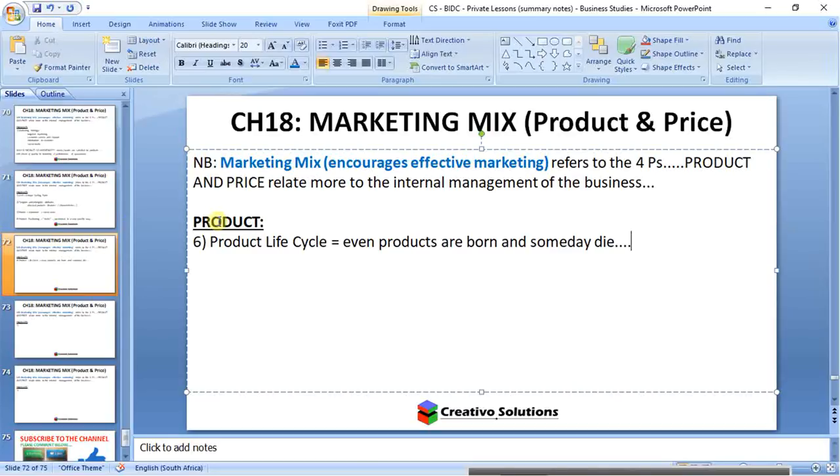The product life cycle changes and it moves, and now it has almost died. Did you say every product? Even products. Maybe I should just say products. Products are born and someday die. That's fine.